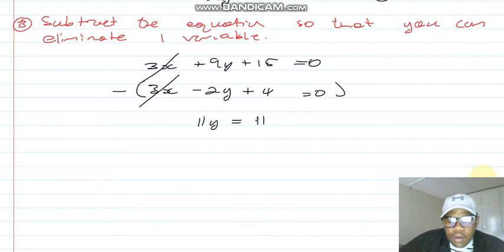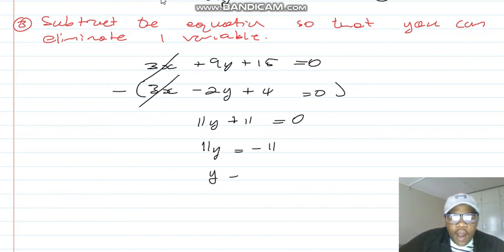I literally cannot see it. Oh yes, I see. It's basically how I'm writing it. Anyway, when you subtract, it's going to be plus 11, and that's equal to 0, right? Now what you have is 11y is equal to negative 11, and your y is basically equal to negative 1.